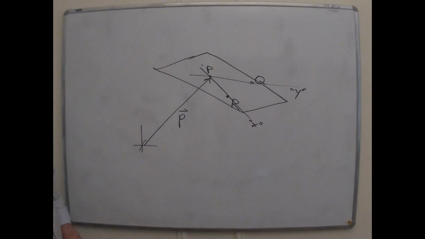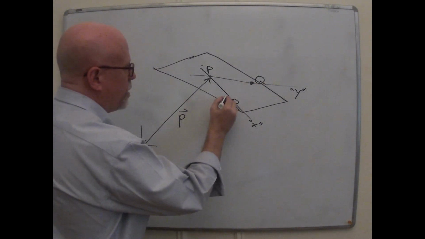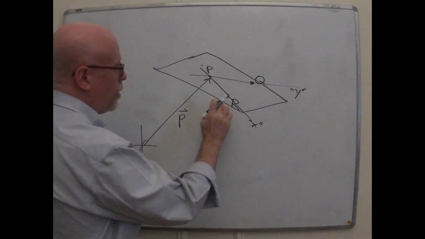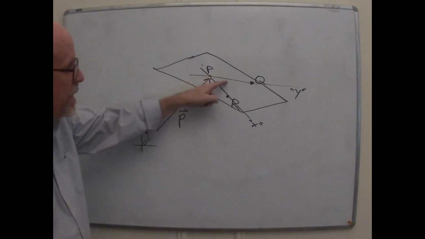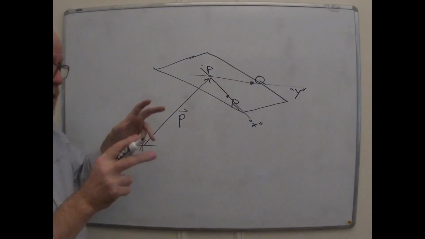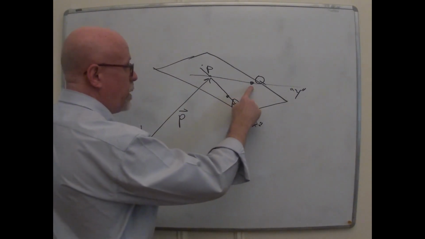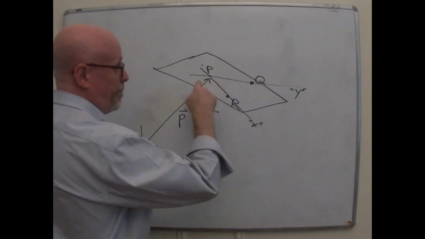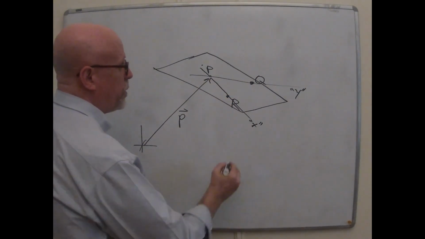All right, so those points, Q and R, they have coordinates that we know. This length from P to Q is sort of the yardstick for measuring things in the y direction. And that's the point 1 unit out, because by definition, its length is the unit from the origin in the y direction.